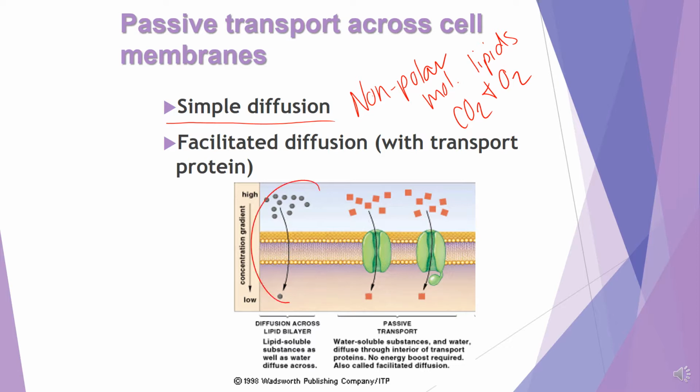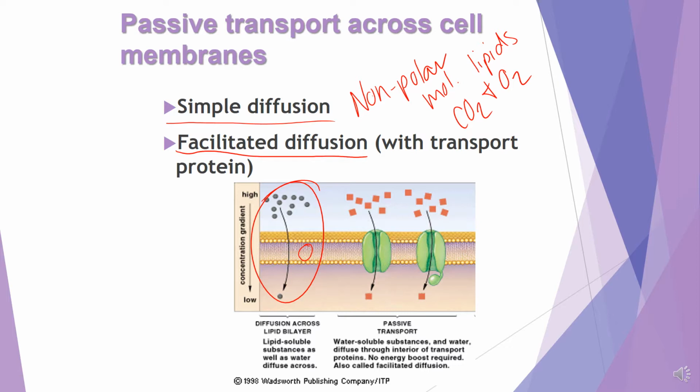And this is the example here of simple diffusion, where these molecules get to go on through the cell membrane, because remember, those fatty acid tails are nonpolar, and so are the molecules that are trying to pass through, such as lipids, and then you have CO2 and oxygen that can also pass through freely. They do not need the help of protein channels.